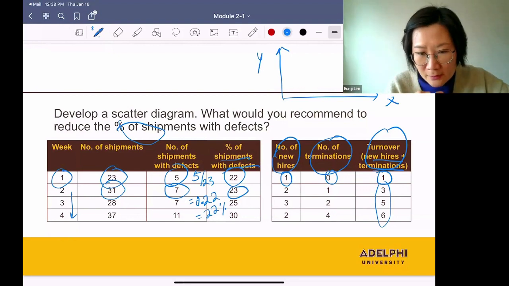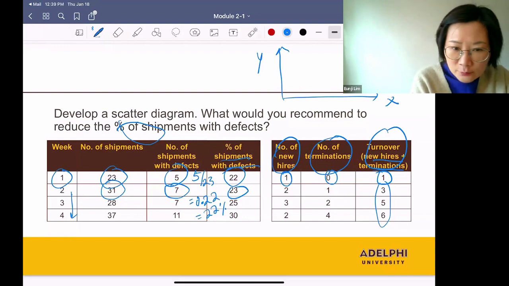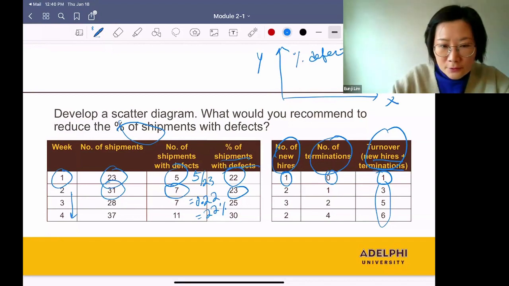You suspect that we are experiencing a higher percentage of shipments with defects because of the high turnover. So the turnover should be on the x-axis, and the percentage of shipments with defects should be on the y-axis.